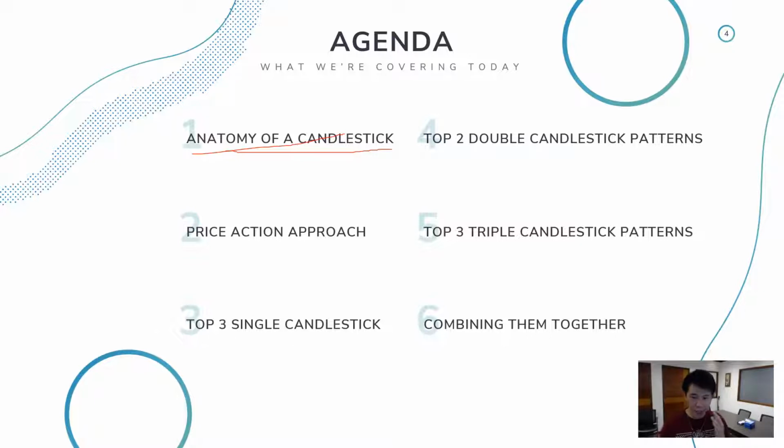When it comes to price action trading, there are really two ways to trade. If this is a level, one is a reversal, and one is the breakout. There are two ways to trade when using candlestick patterns in price action.